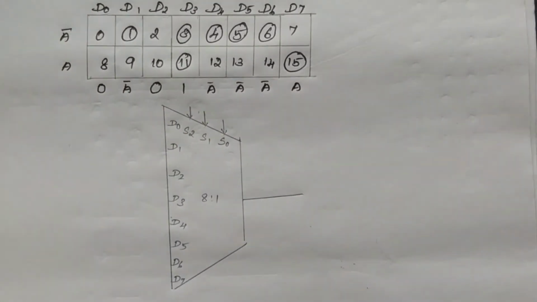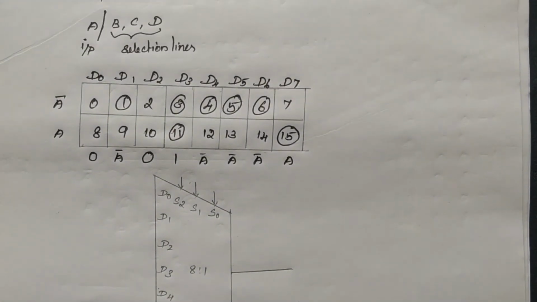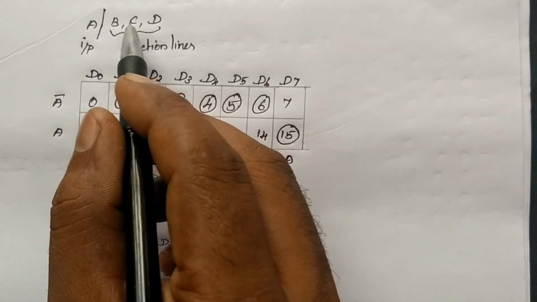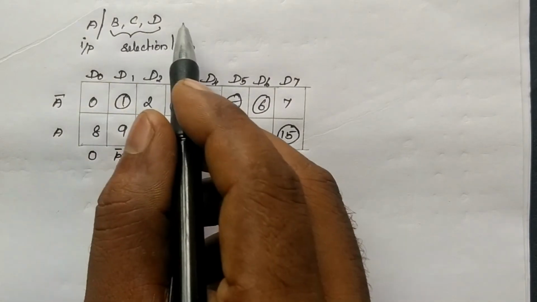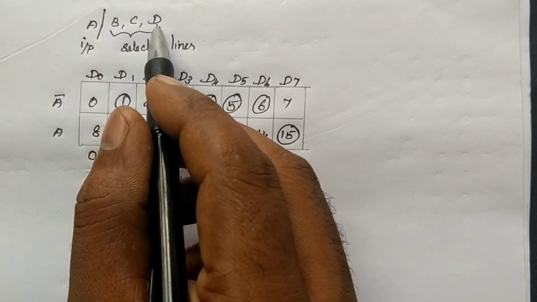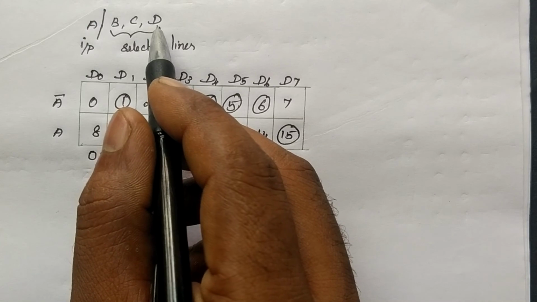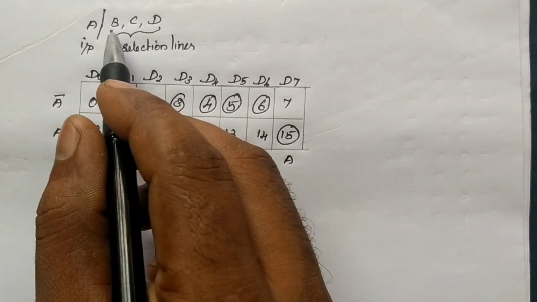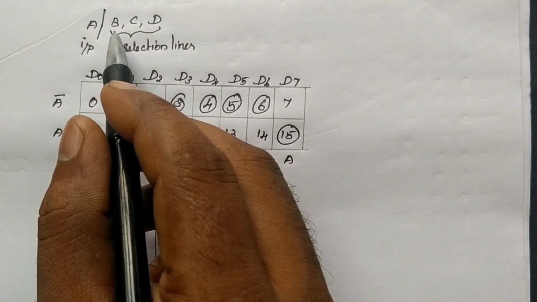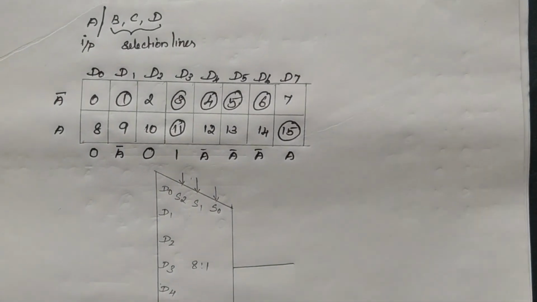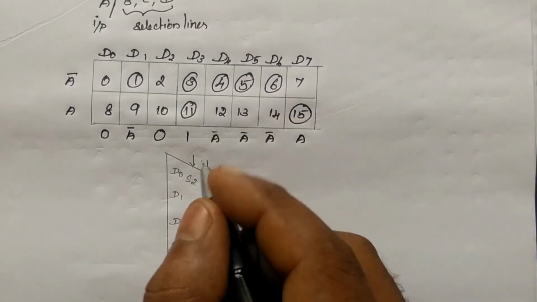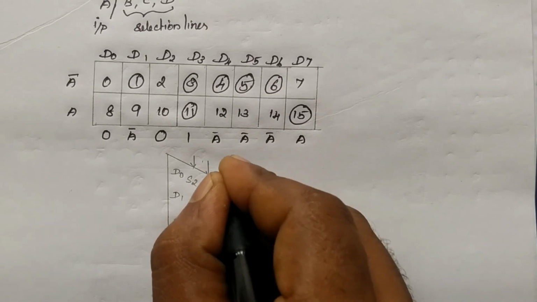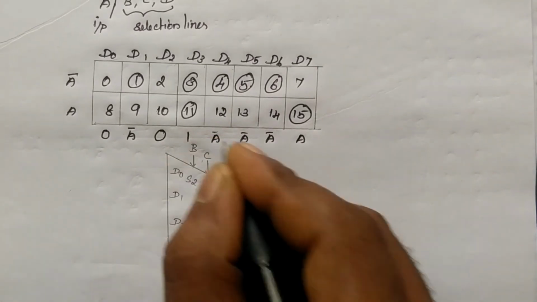Here we have already considered the selection lines as D, C and B. So D is least significant, which should be assigned to S0, and B is most significant, which should be assigned to S2. Therefore D, C and B.